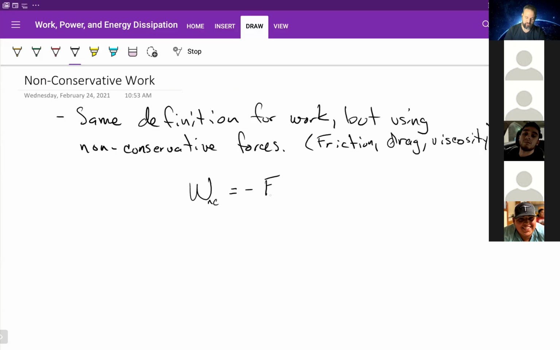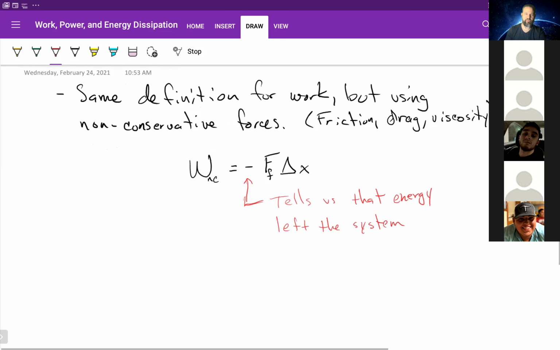So the negative frictional force times delta X. And all this negative does is it tells us that energy left the system. Okay, that's all that does. That's what the negative's there for.